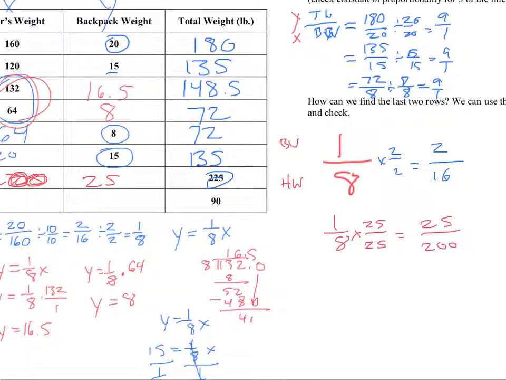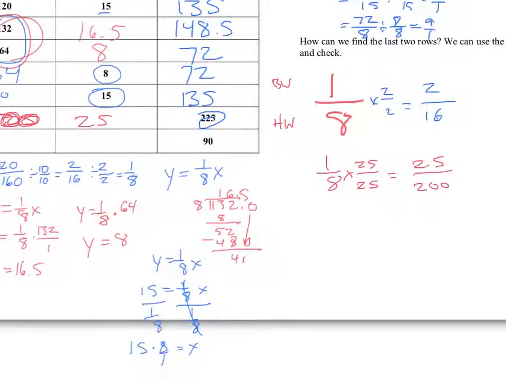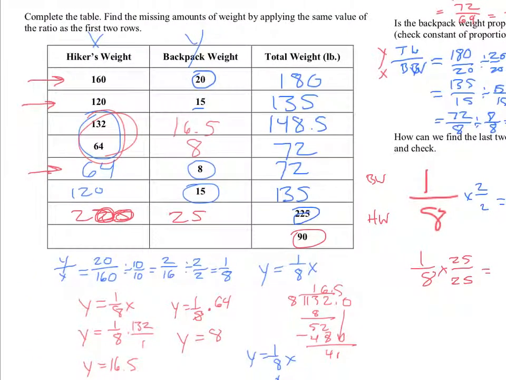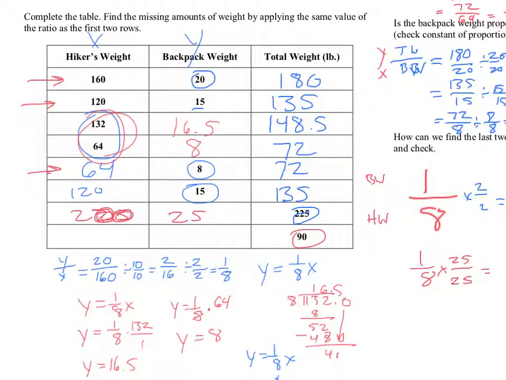So that's one way. Then I can also try and do the same thing for the 90. If I'm looking at the 90, I know that it's going to be greater than a backpack weight of 8, but less than a backpack weight of 15. So maybe I'm going to try something in the middle there.